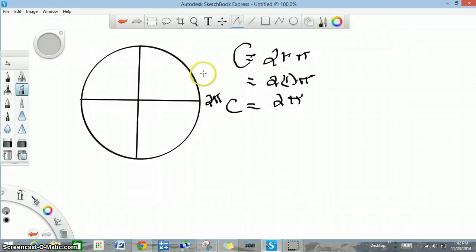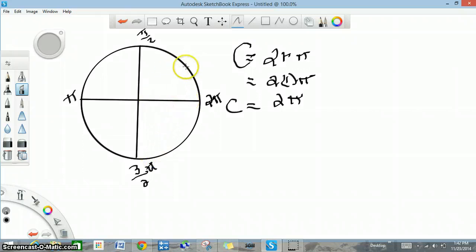Now, from this, we can extract some other positions on the unit circle. And if we go all the way around and we have 2 pi, then apparently halfway around is 1 pi. A quarter of the way around would be half pi. This is 2 over 2. That tells us that this is 3/2 pi.